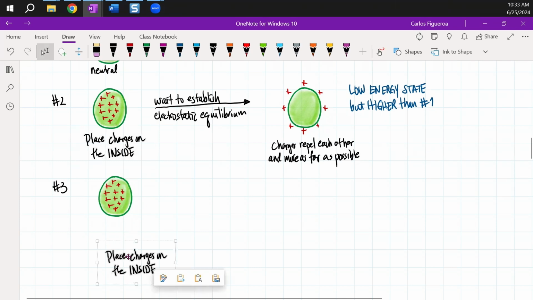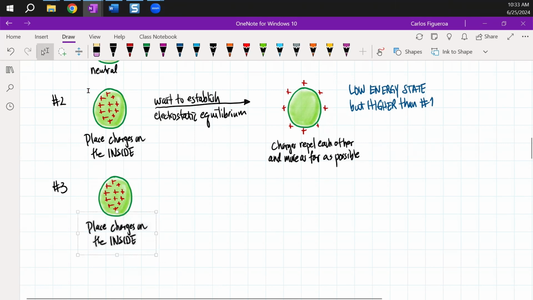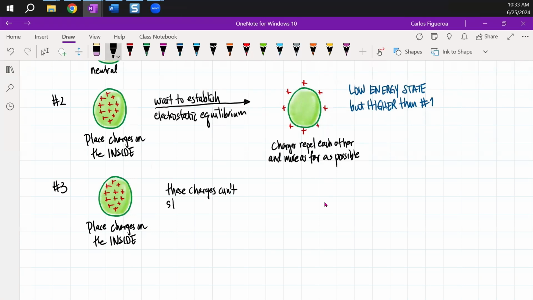But now I'm going to imagine a situation where I'm going to say that these charges can't stay there. So the question is that these charges can't stay there unless little demons do work.